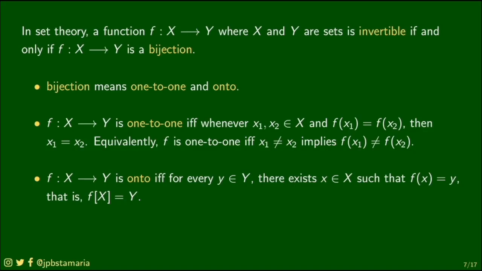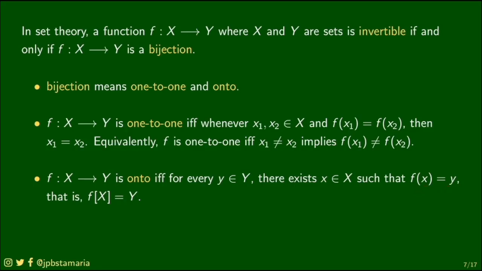On the other hand, when we say that f is onto, that means that everything in the set Y is used by f as an image of something from X. In other words, for every y in Y, there must be something in X that is sent to y.